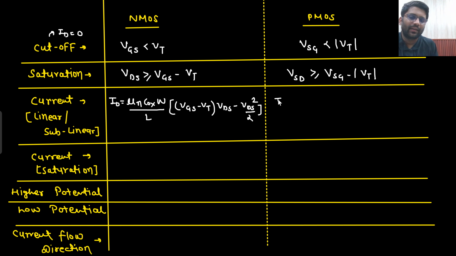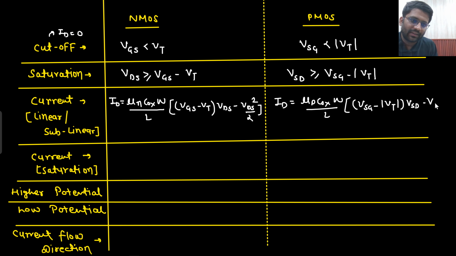Right, and here that would be mu p Cox W by L, positive, that would be VSG minus mod of VT into VSD minus VSD square by 2. Okay, current in saturation.